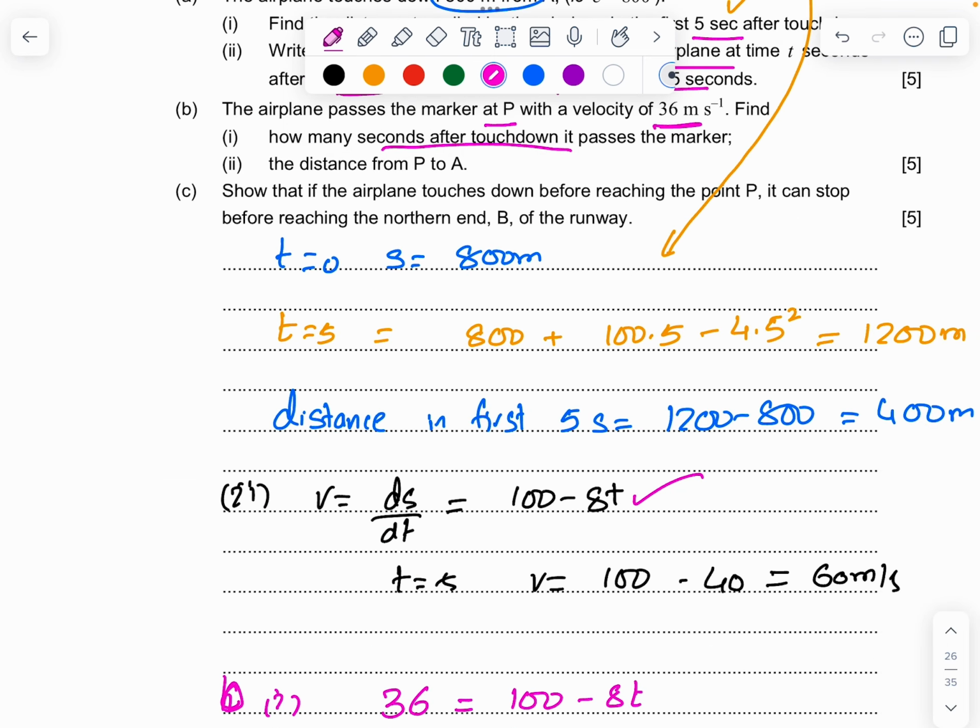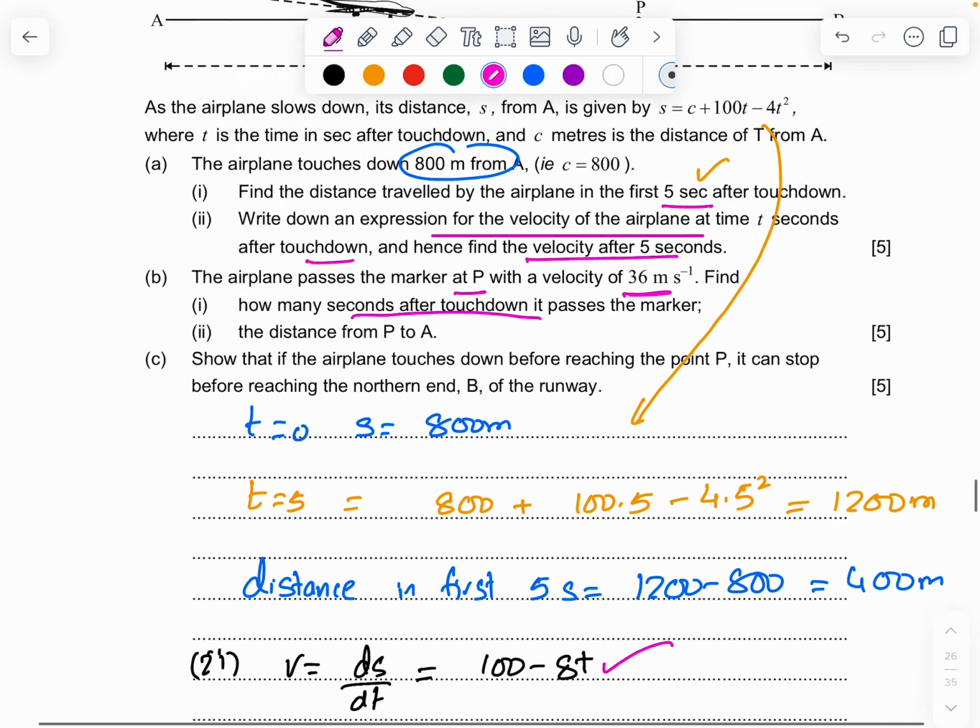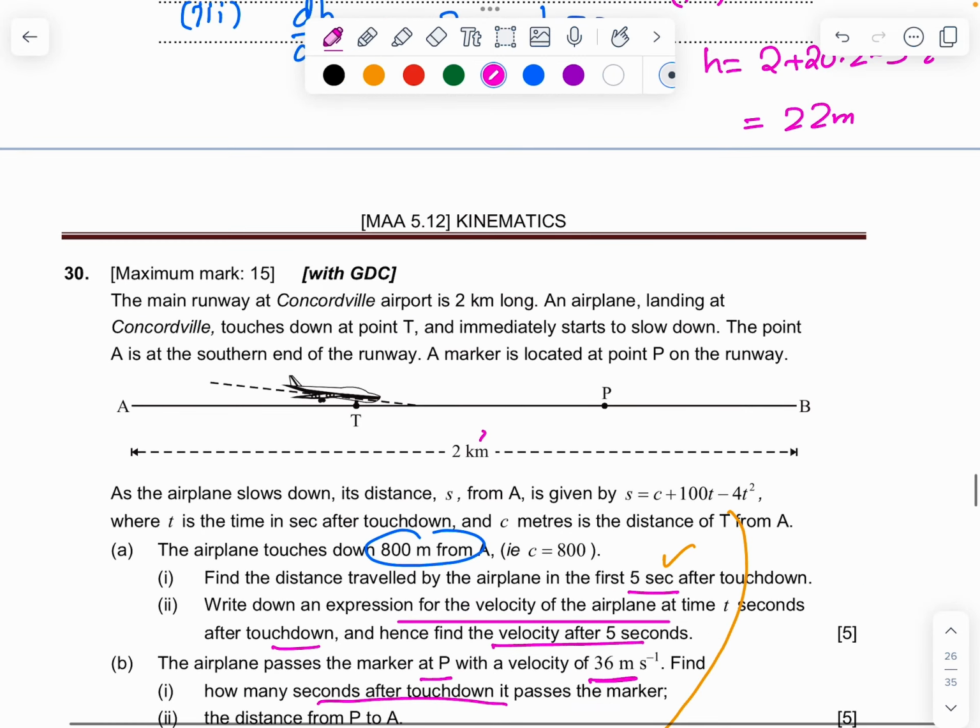Show that the airplane touches down before reaching the point P. It can stop before reaching the northern end at B. What was the total distance? The total distance is 2 kilometers, which is 2000 meters.